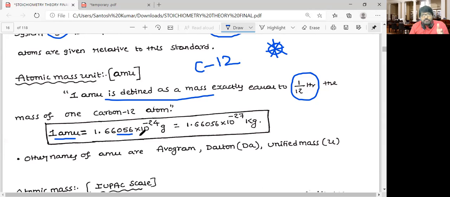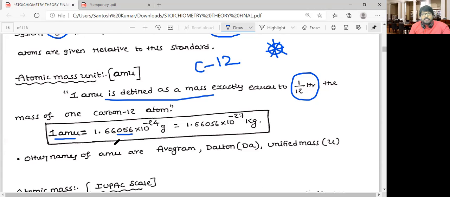If you want to convert mass from AMU to grams, wherever you see AMU, simply replace it with 1.66 into 10 power minus 24 grams. 2 AMU is 2 into 1.66 into 10 power minus 24 grams.